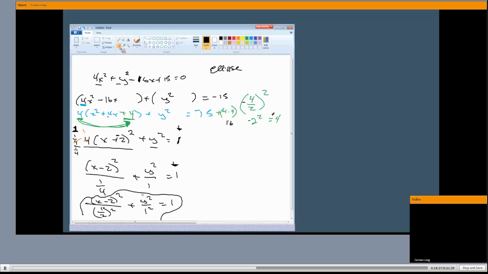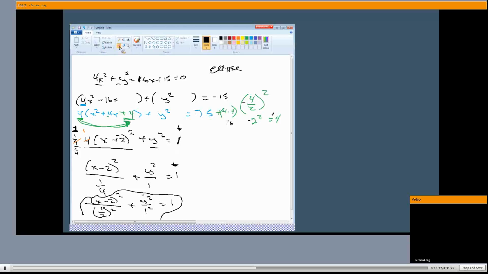And then what you're going to do is count left and right on the x. So I'm going to go left a half a unit right here. It's going to be a little skinny ellipse, and right a half a unit right here.